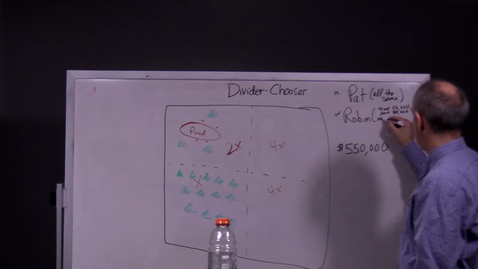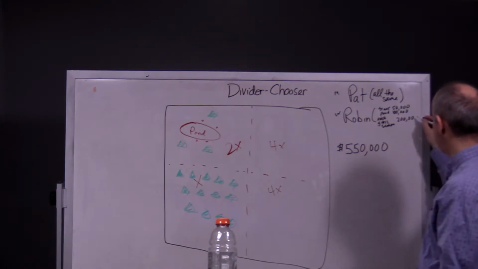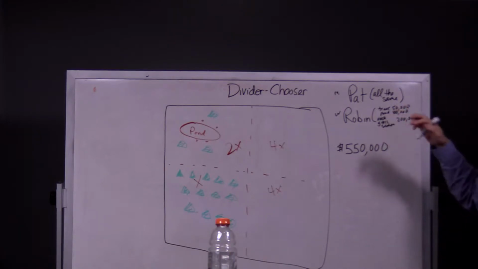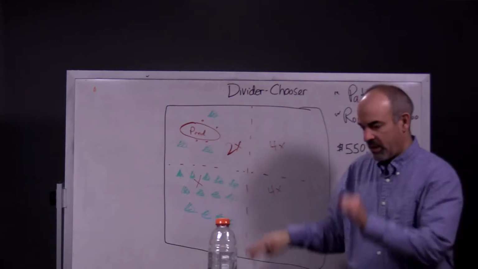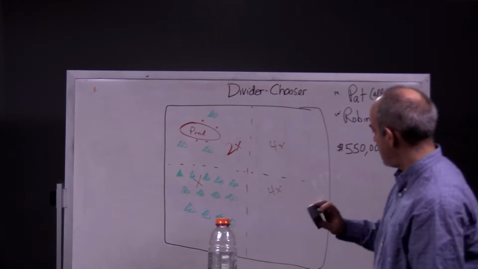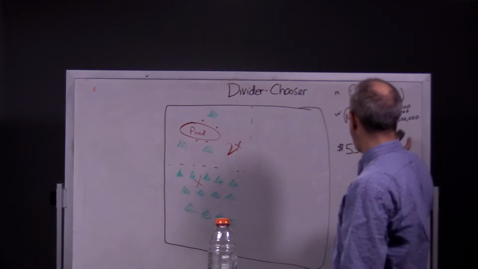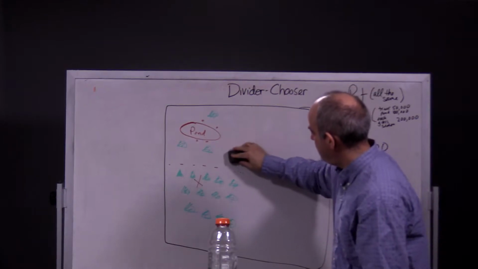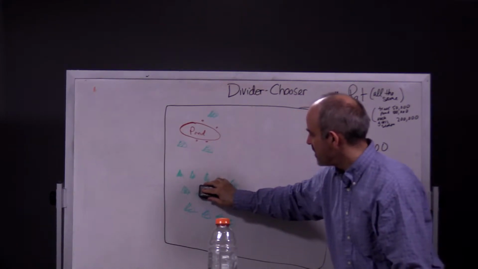Then each of the grass sections is worth 200,000, and there are 2 of those, so that's 400, 500, 550,000. I would write their values here, but I don't want to mess up the diagram. So now I'm going to erase all this because that's not really part of the problem. It's part of the problem over here, but I have to draw more lines. We have to see where the person's going to divide it.